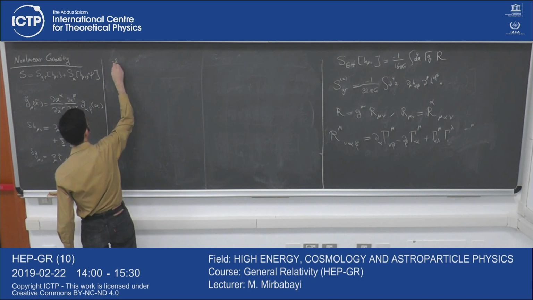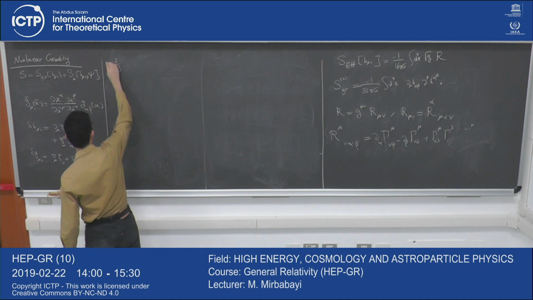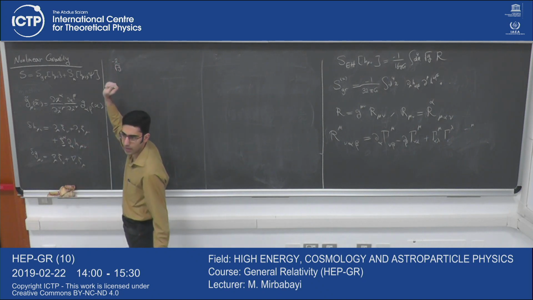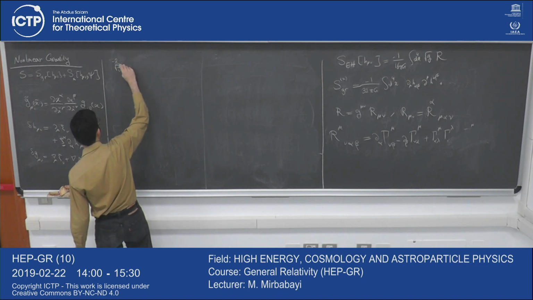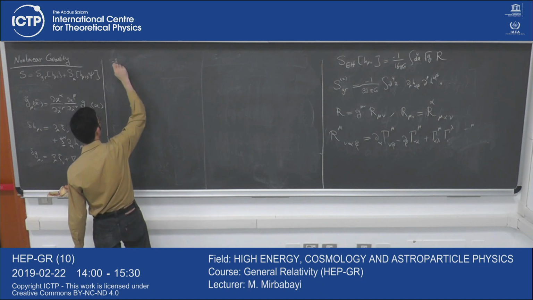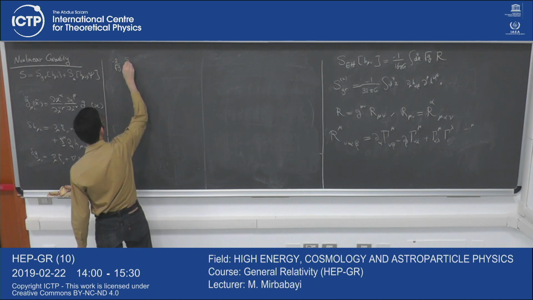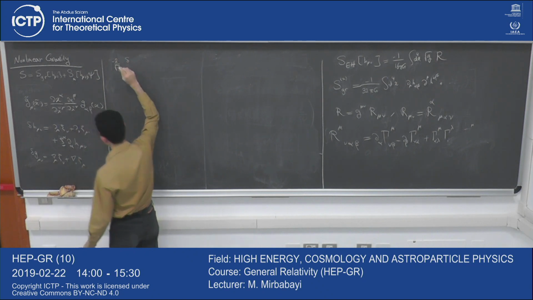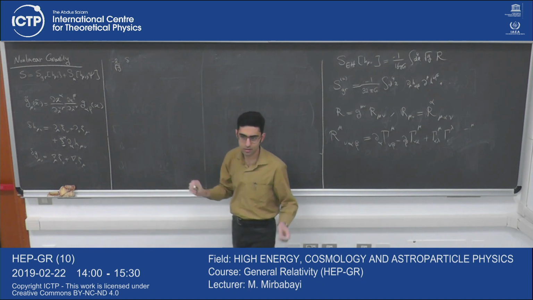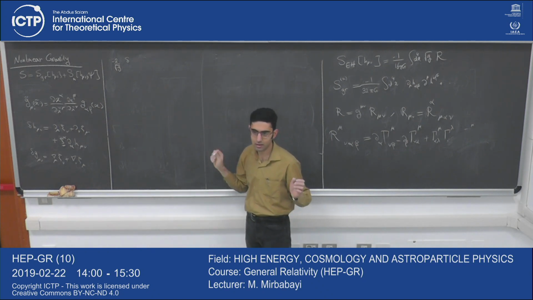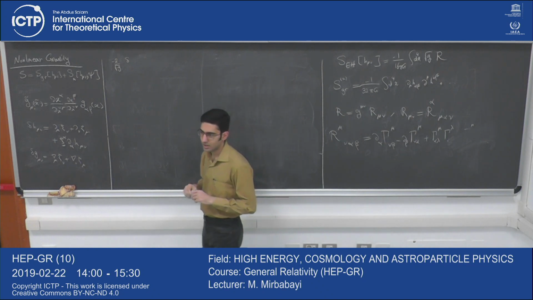If I look at 2 over square root of minus g, this is just some prefactor, it doesn't really matter. It's just there for the final result to look nicer. Another thing is that when I do derivations, sometimes I write Lagrangian, sometimes I write the action, but I always mean the same thing.